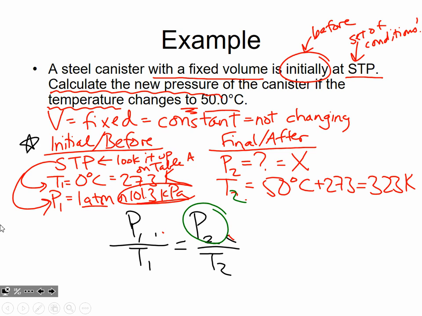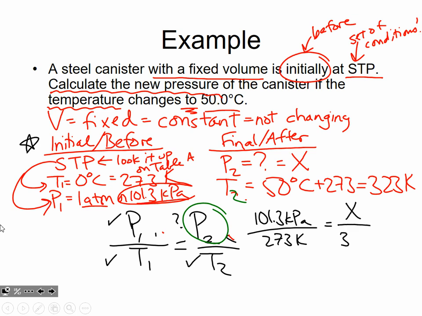So now I have P1, I have T1, I have T2, and I know that I'm solving for P2. So now I'm going to just plug in and solve. So setting this up, I have 101.3 kPa over 273 Kelvin is equal to, I'll put in X for P2, divided by 323 Kelvin. Okay, I'm just going to erase some stuff so I've got some room to work.